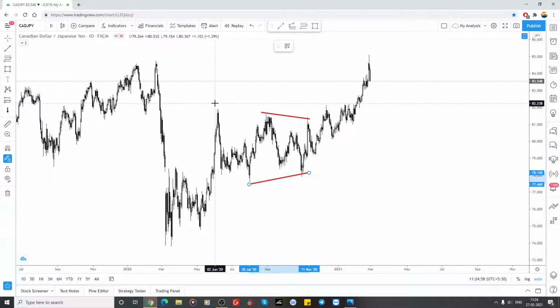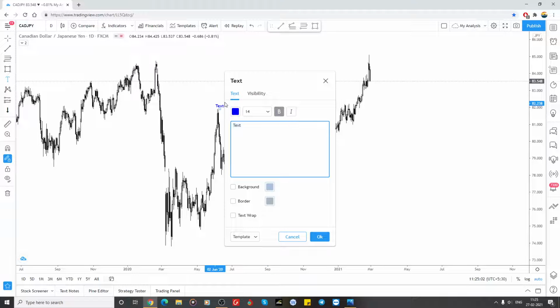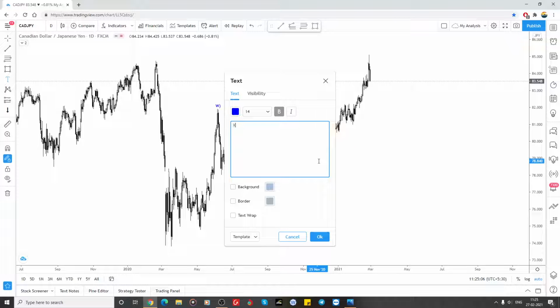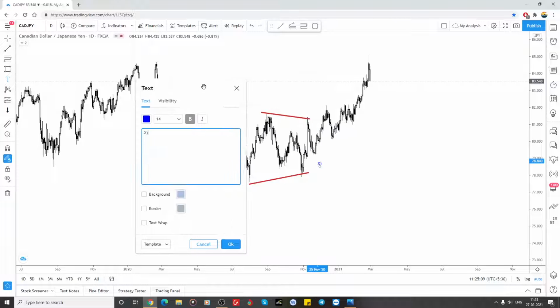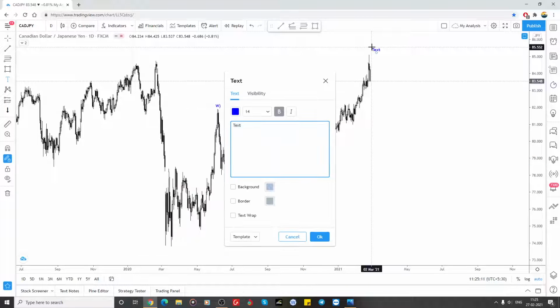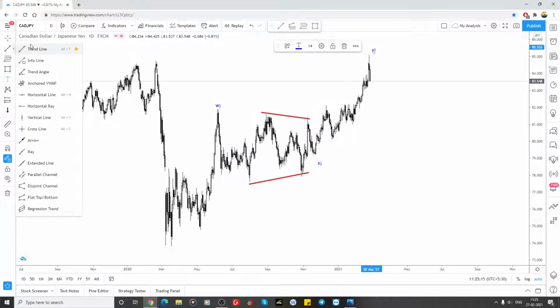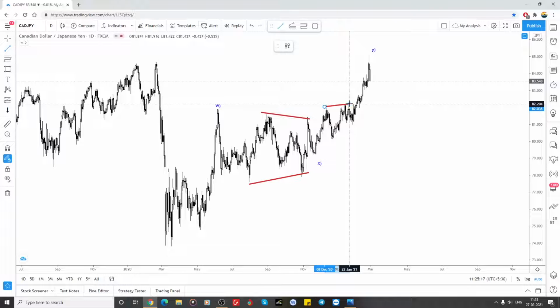So here it's a W. Here this is an X. After the X, the Y wave is here. So in between we need an ABC. So this is A in that diagonal pattern.